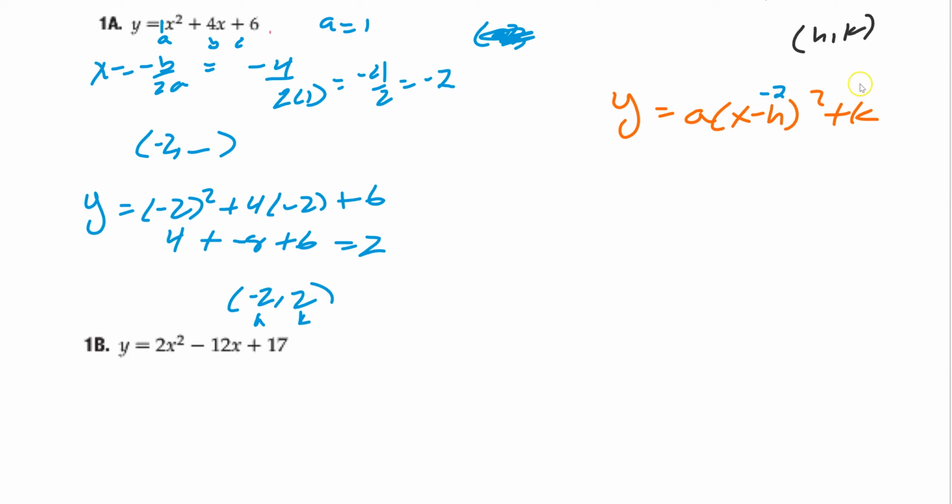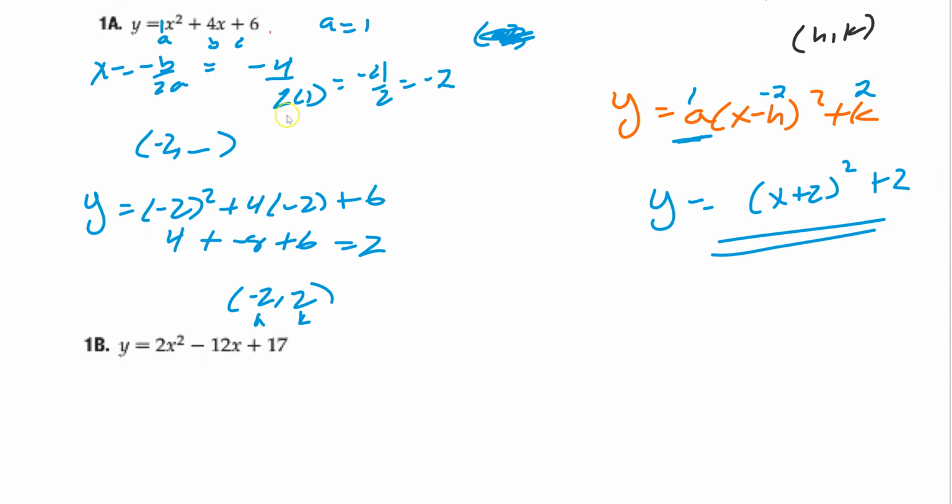H is negative 2 and k is 2. Again, what's the a? The exact same a. A is 1. So my equation is like this. Double negative makes a positive, and I get that right there. So that's how I write it from standard form to vertex form. You just find the vertex, and that's your h and k, and then a is the same a.